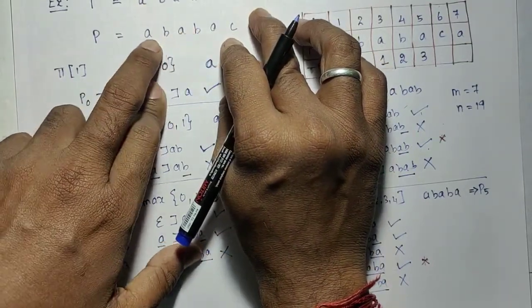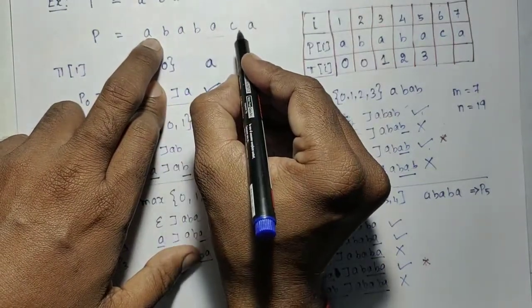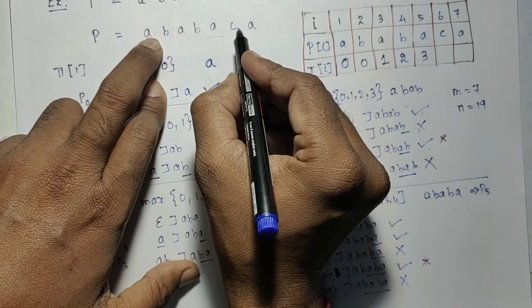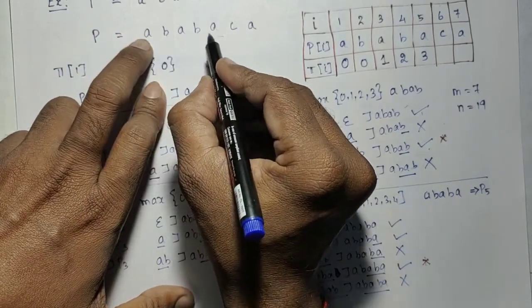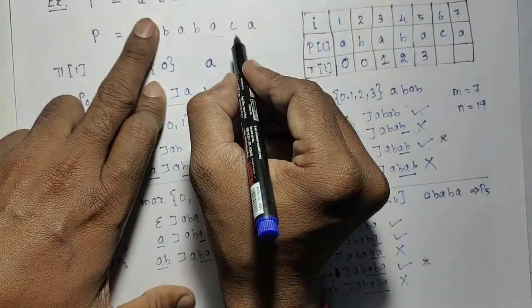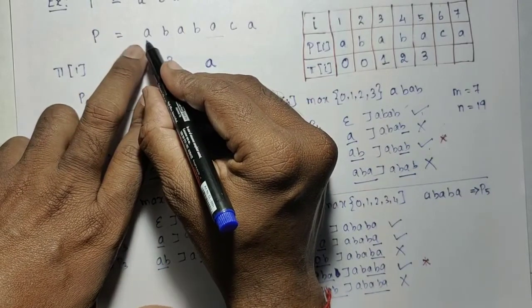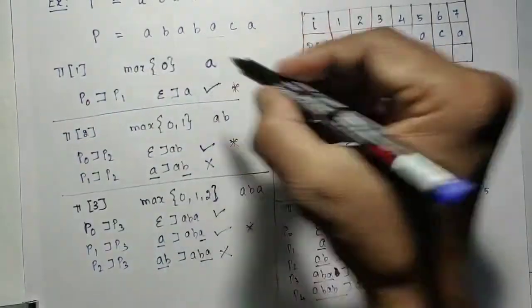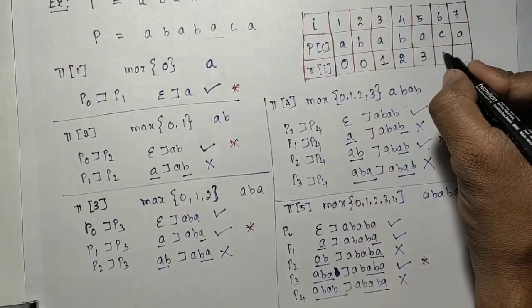First four characters ABAB, last four characters ABAC, not equal. First 5 characters ABABA, last 5 characters BABAC, not equal. So only the 0. No matching. So if you trace the algorithm for i equal to 6, it will be 0.